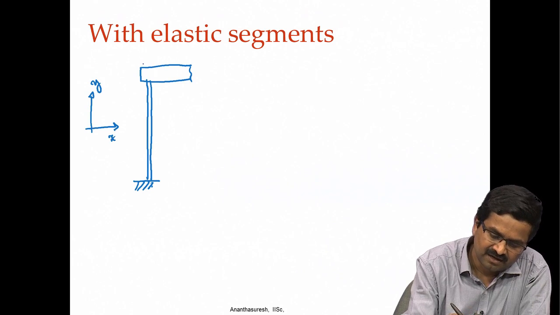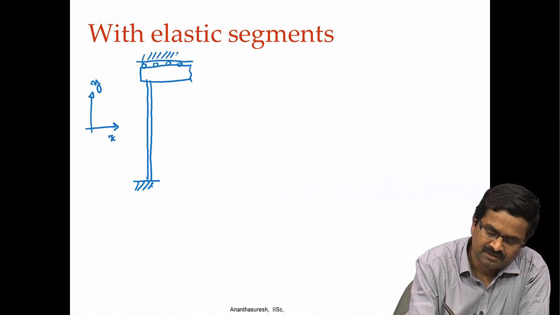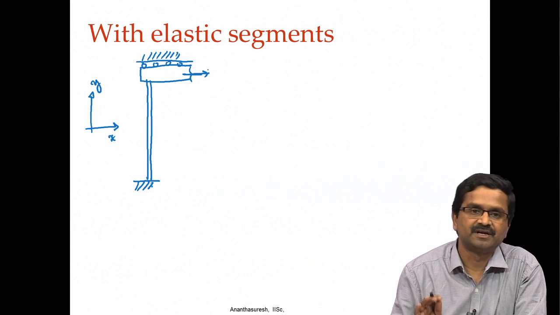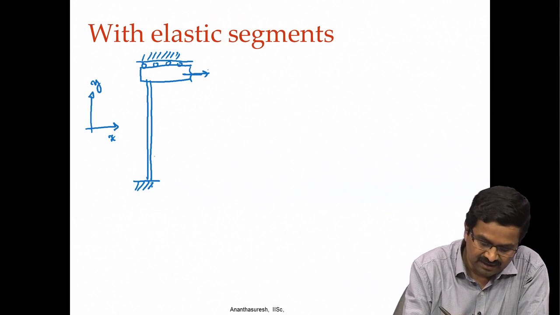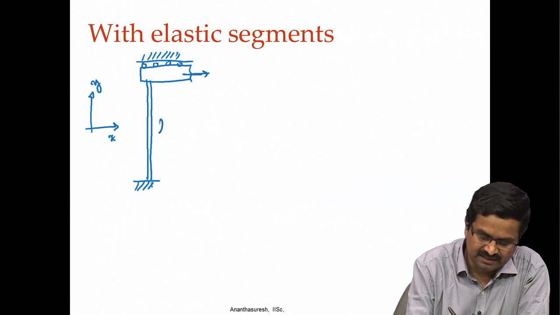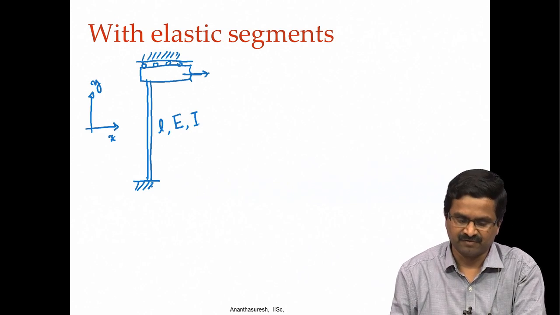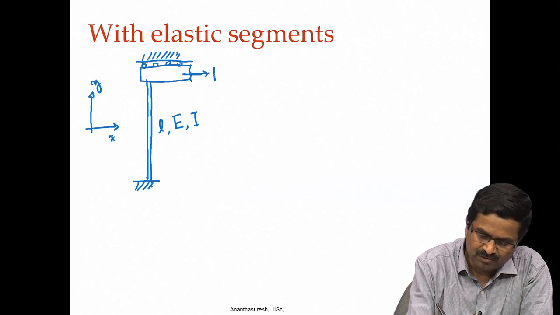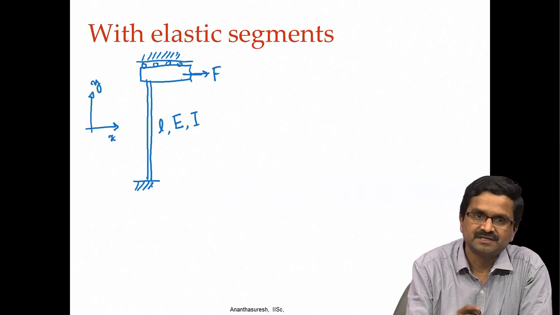That means that I can imagine that there are some rollers here. So, this block can move in this direction, but cannot move in the y direction. Then how do I analyze this beam? Let us say this has a length L, Young's modulus E, and second moment of area I. When I apply a force F here, how much does it deflect?